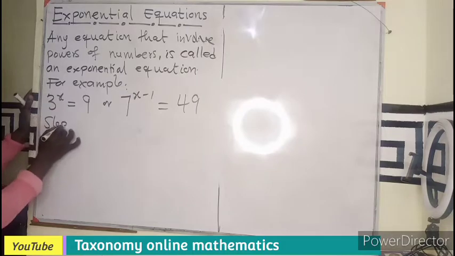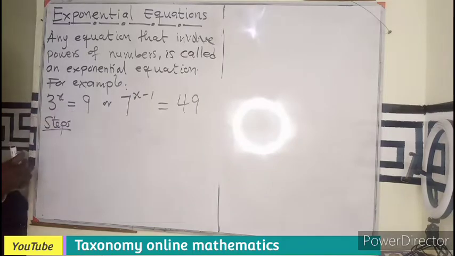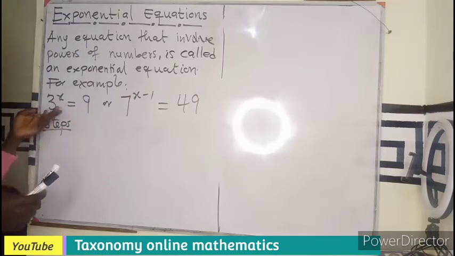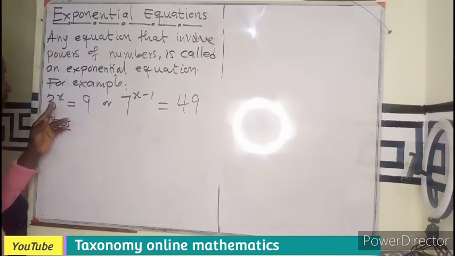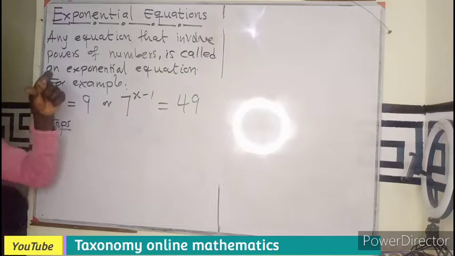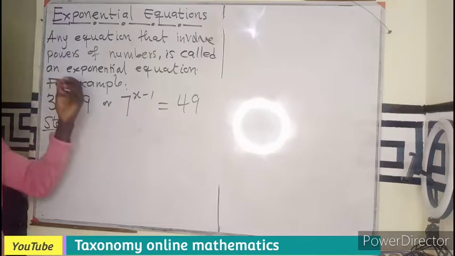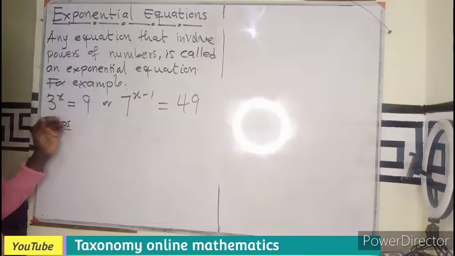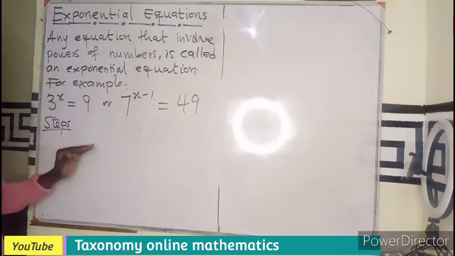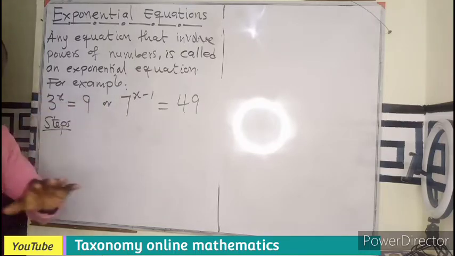Now, if you have questions of this form, as in 3^x = 9, and I am asked to find the value of x, what value of x makes this equation true? What are the steps that I'll follow?